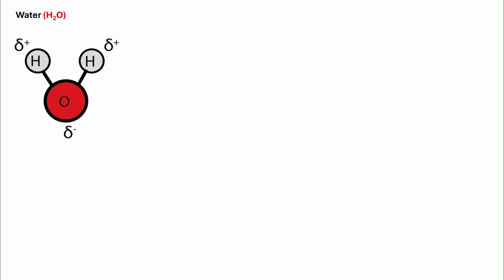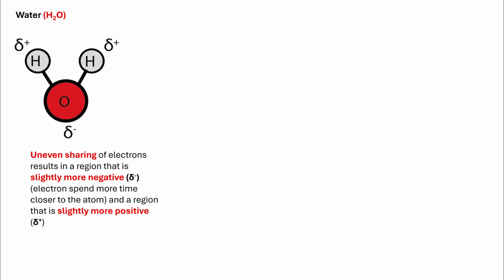Because we have non-metals being held together, we know that they are covalently bonded. And because they're covalently bonded, that tells us that they are sharing their electrons. When we look at a water molecule, we note that there's an uneven sharing of electrons. What that means is that the electrons spend more time closer to one atom than another.